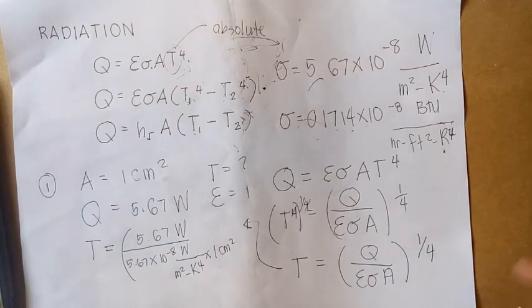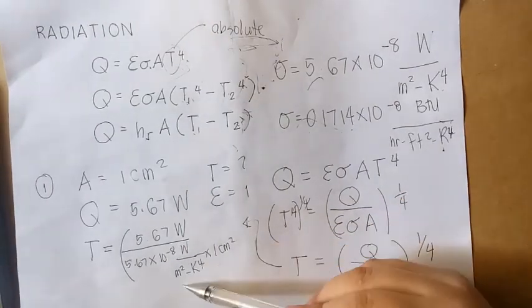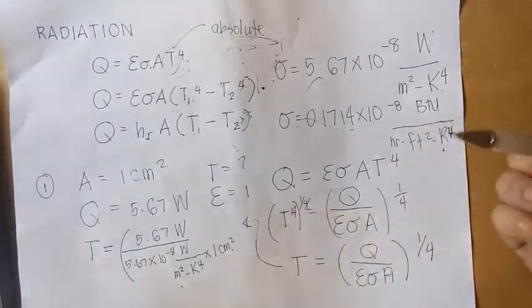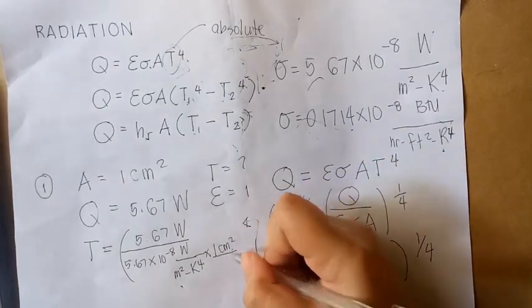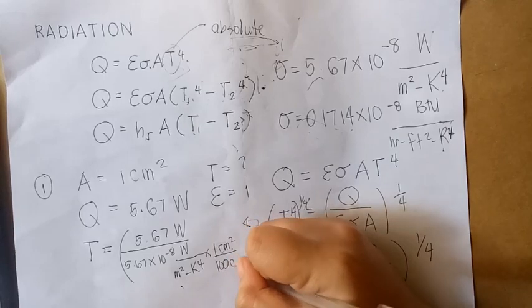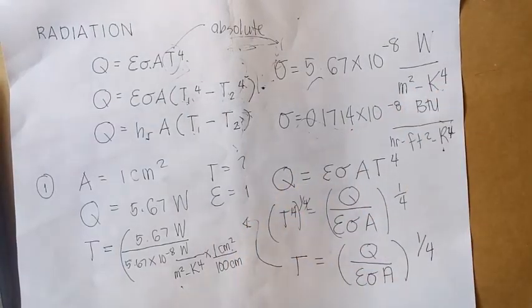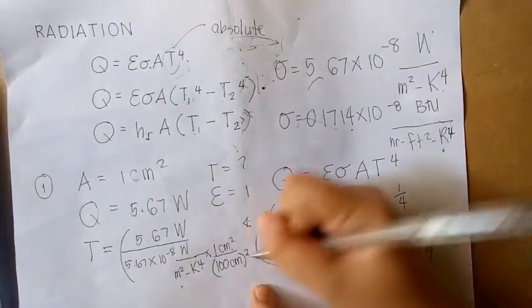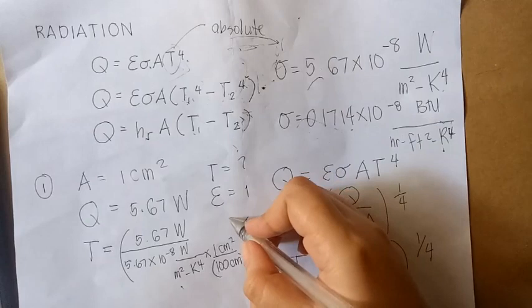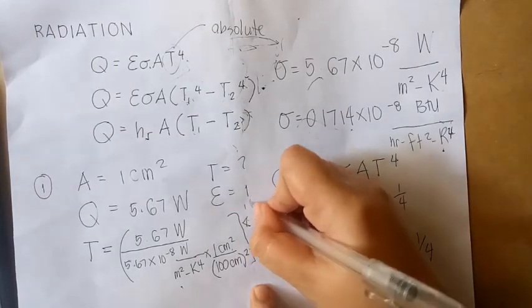So, ang ating unit ng area dito ay square cm at square meter. Kailangan natin i-convert para ma-cancel. So, para ma-convert natin yon, i-divide natin by 100 cm. Kasi, ang 1 meter ay merong 100 cm. Pero dahil naka-square yan, kaya itong buong ito, i-square din natin. Okay? Then, yung buong equation ay naka-raise sa 1/4.